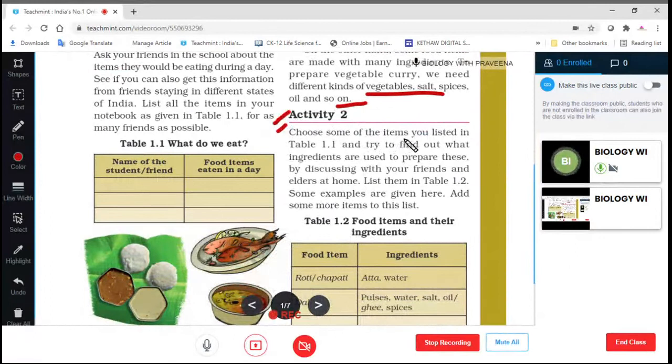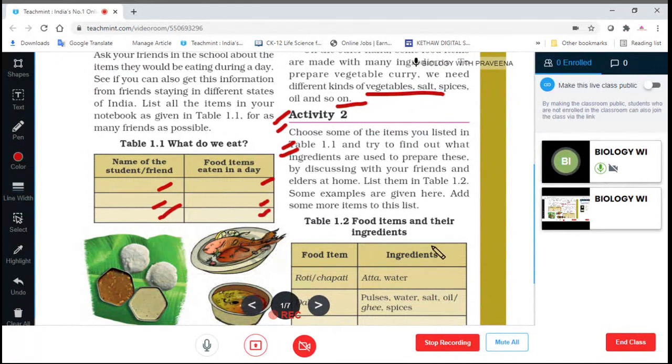Choose some of the items you listed in table 1.1 and try to find out what ingredients are used to prepare them, by discussing with your friends and elders at home.